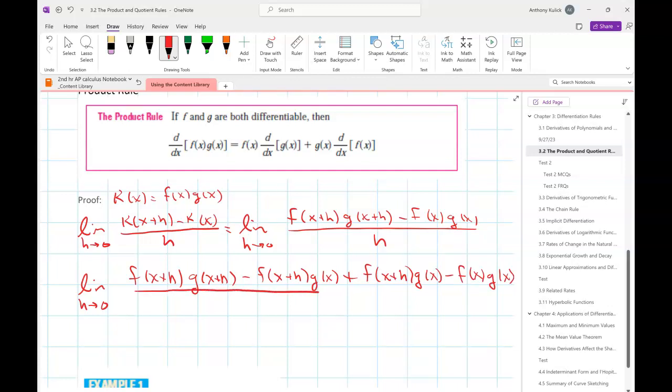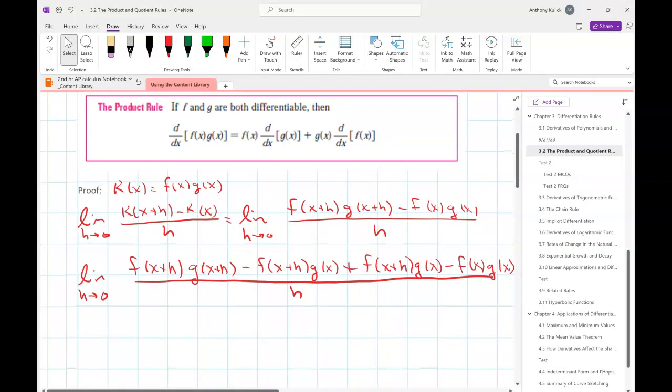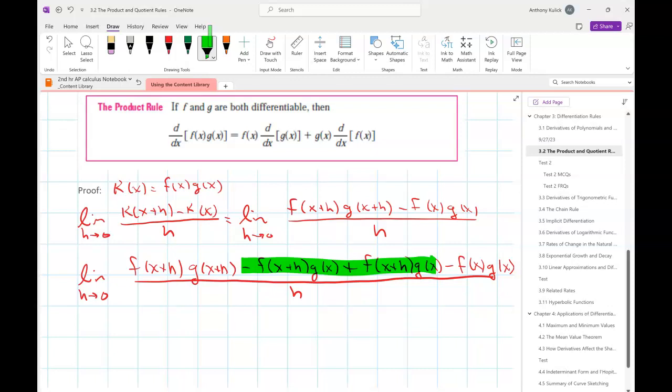If I just subtract it and then add it back. Everybody's okay? I subtracted it, and then I added it back, which is the same as doing nothing, because if I combine like terms here, I get 0.